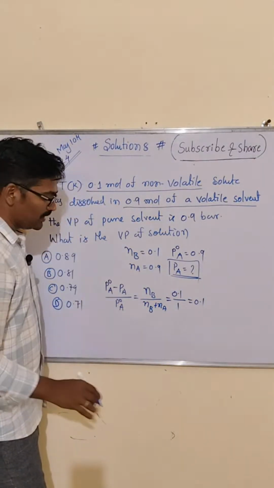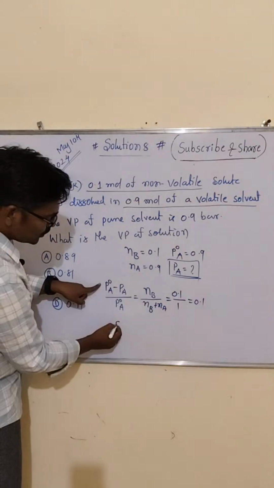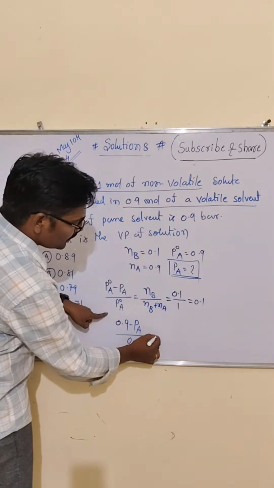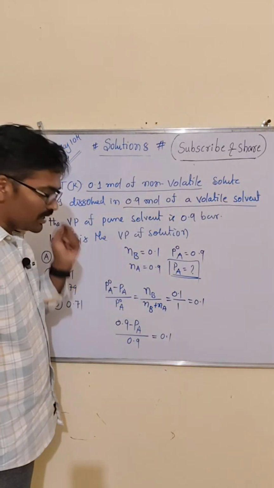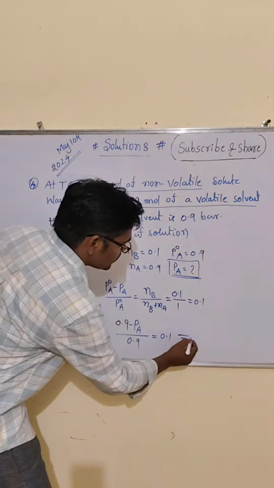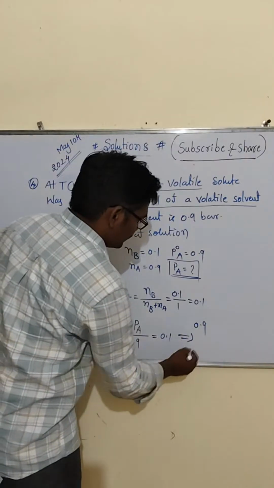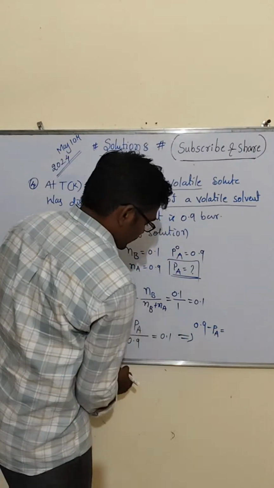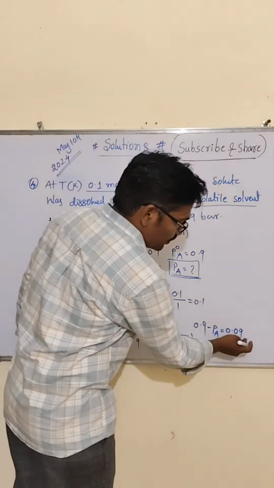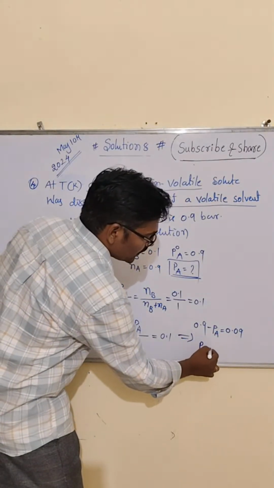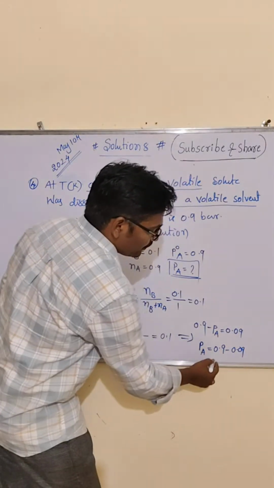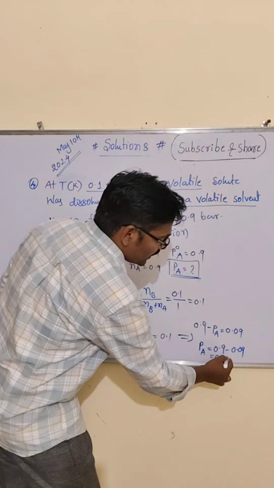Then 0.9 minus PA divided by 0.9 equals 0.1. Sending 0.9 to the other side, 0.9 minus PA equals 0.09. So PA equals 0.9 minus 0.09, which is 0.81.